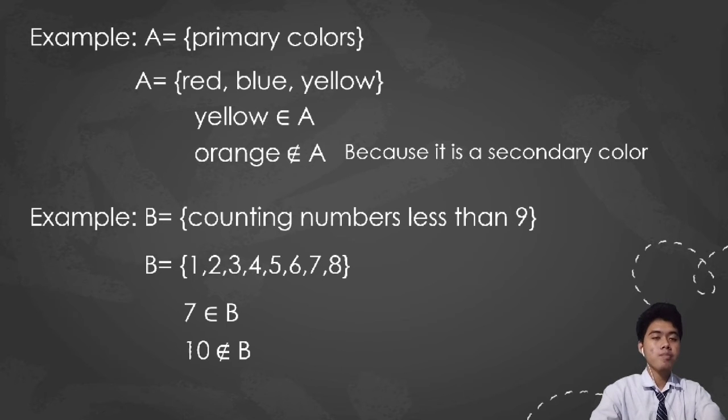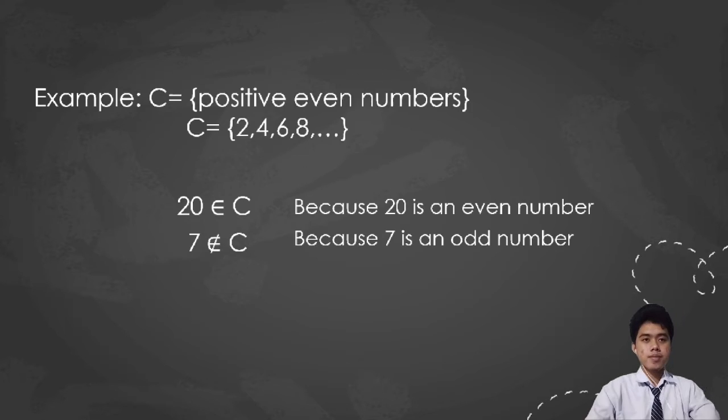Hindi siya tataas sa 9. So, meaning, yung 7 is an element of set B. Naka-include siya doon sa counting number less than 9. Pasok siya. However, yung 10, sa tingin nyo, it is not kasi sumobra o nag-exceed na sa 9. 10 is not an element of B.